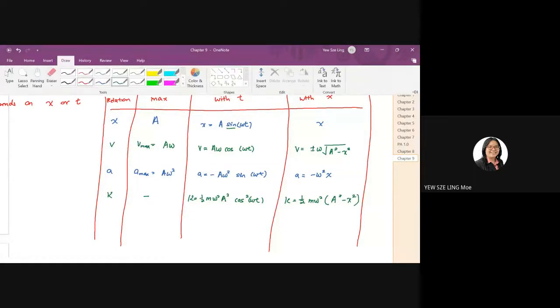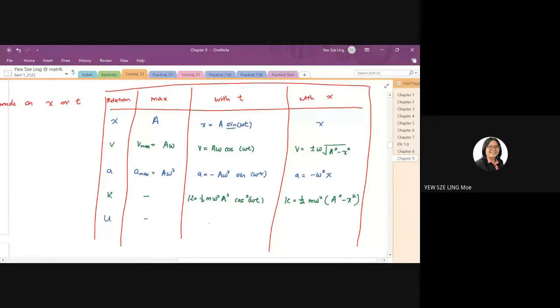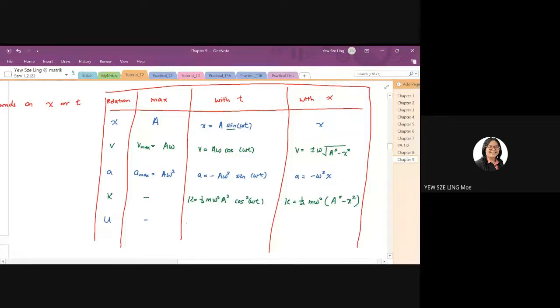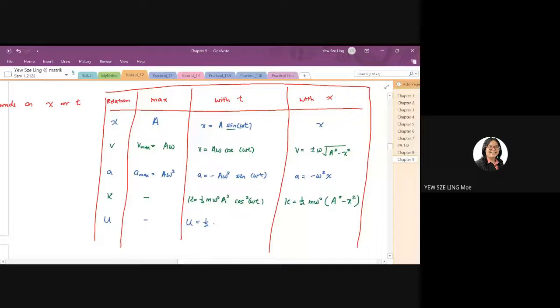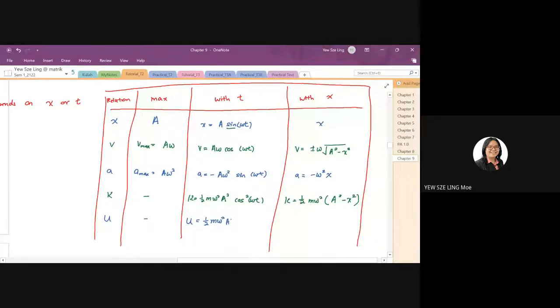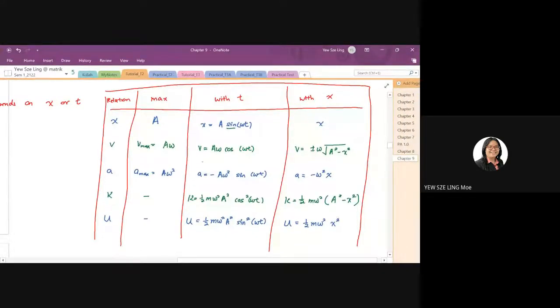And then for the next one, we have potential energy, no negative value again. So U is equal to 1 over 2 m omega squared a squared sine squared omega t. And then U is equal to 1 over 2 m omega squared x squared.